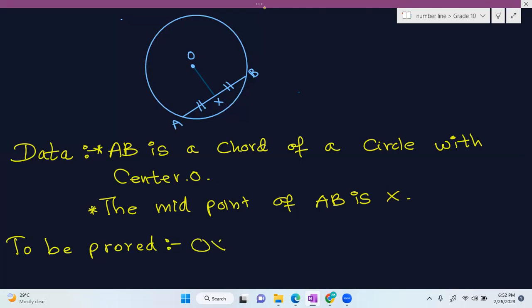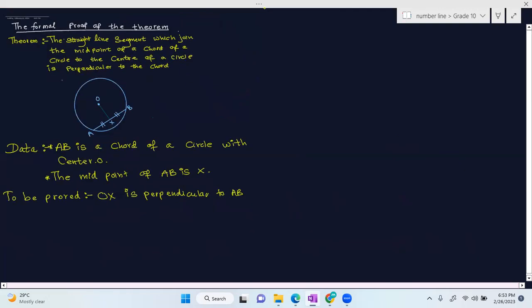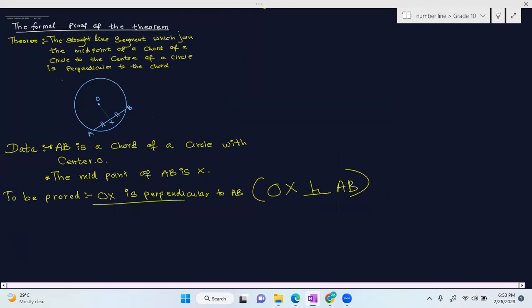Then let's write OX is perpendicular to AB. It is perpendicular to each other. And in mathematics, we can express this as OX perpendicular to AB. Okay, that means this sentence can be expressed like this.